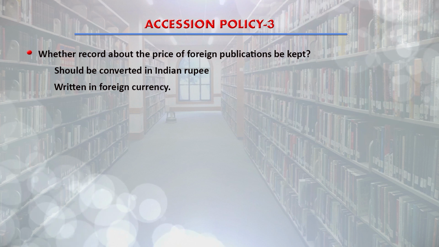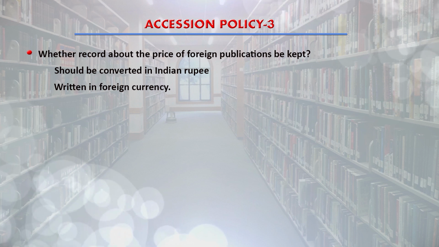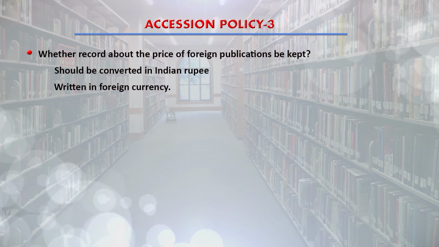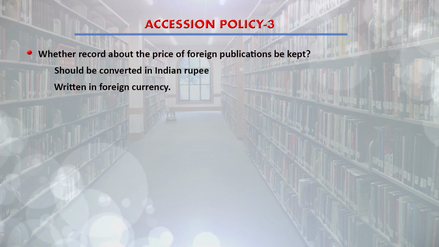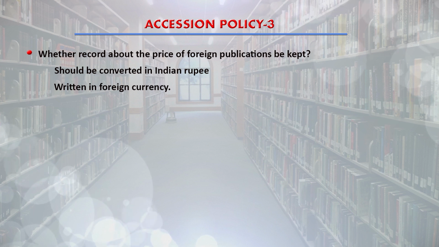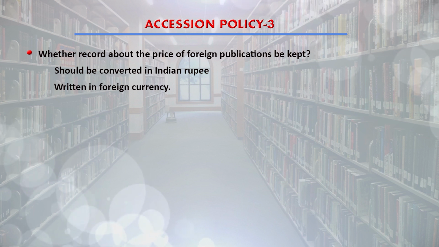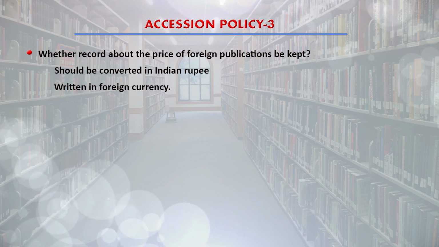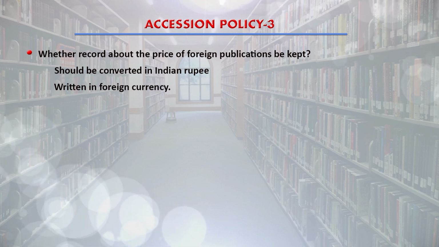Now there are local variations in libraries, but one thing is sure: if the book is foreign and the price is given in foreign currency, you have to write the foreign currency only. Normally the Indian rupee fluctuates as per the exchange value.